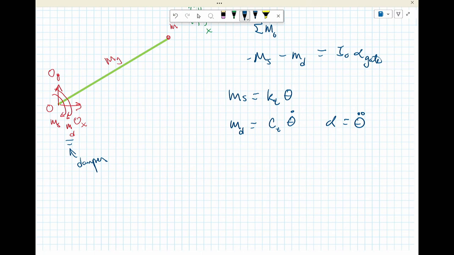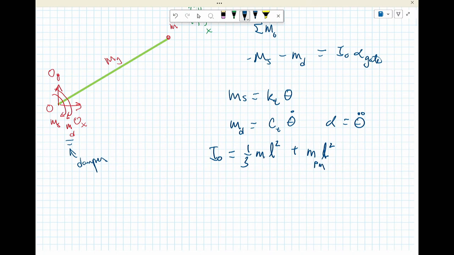what is I naught going to be? So I have a rod that's pinned at one end, and it has a mass. So I naught in this case is 1/3 m of the rod or bar L squared plus m L squared, where m is the mass of the point mass.